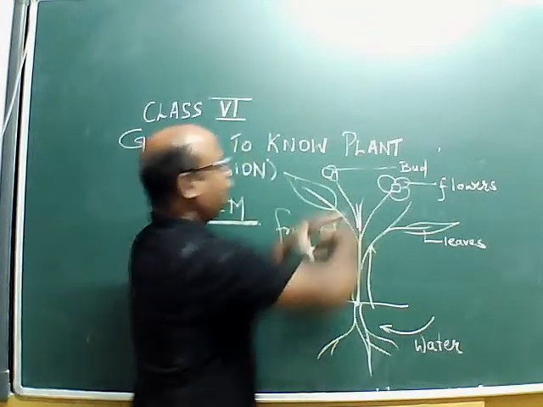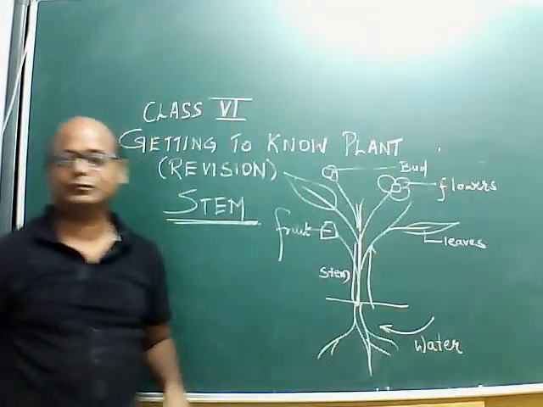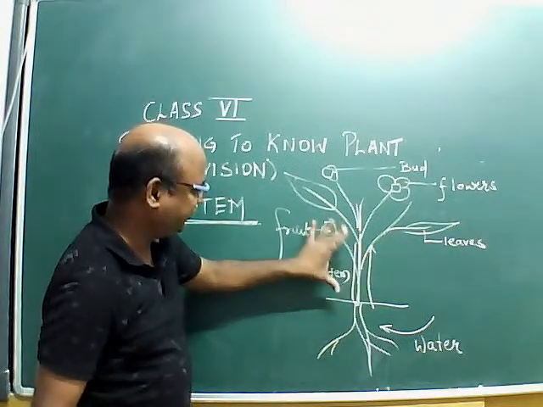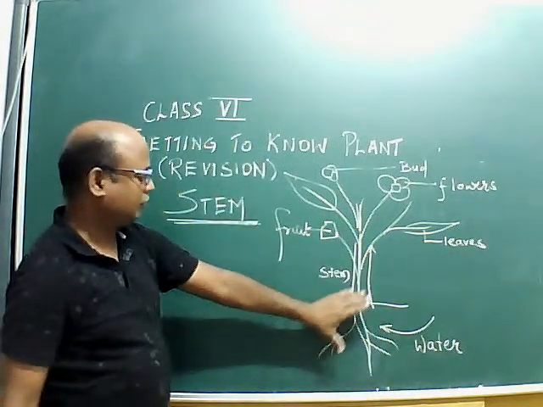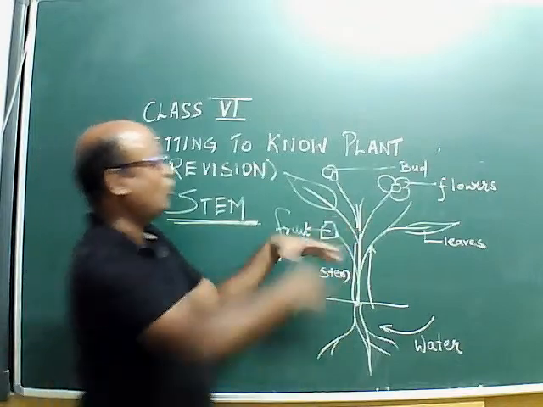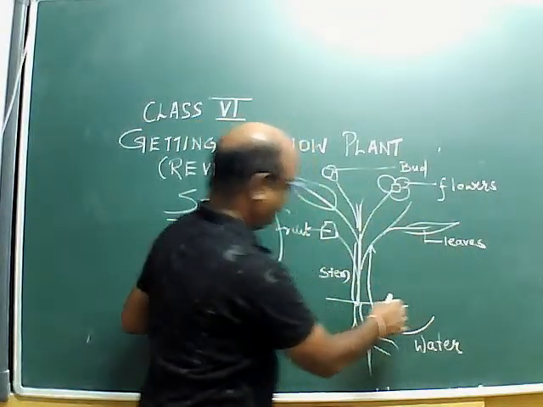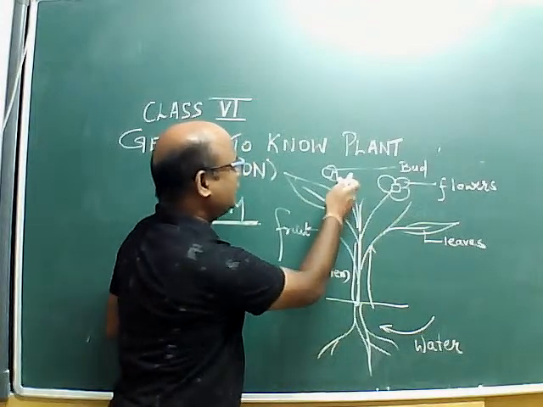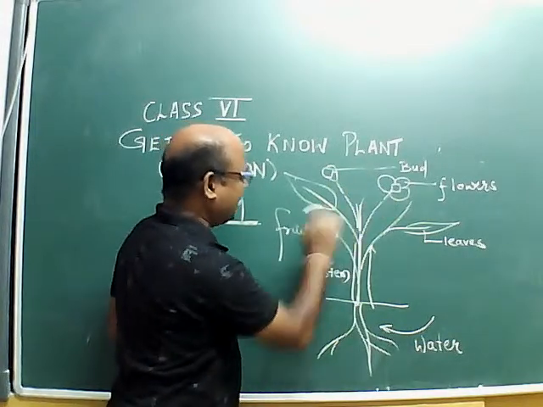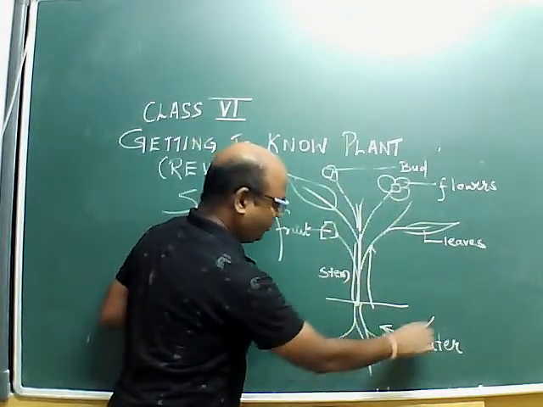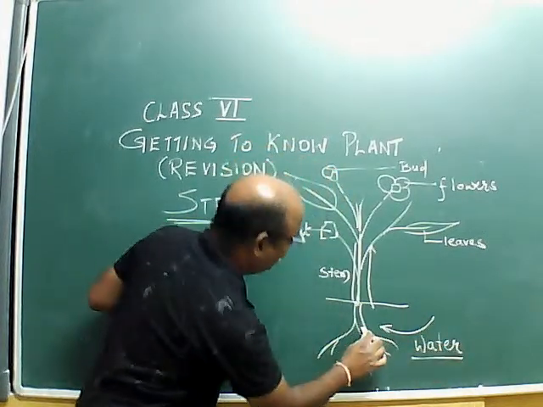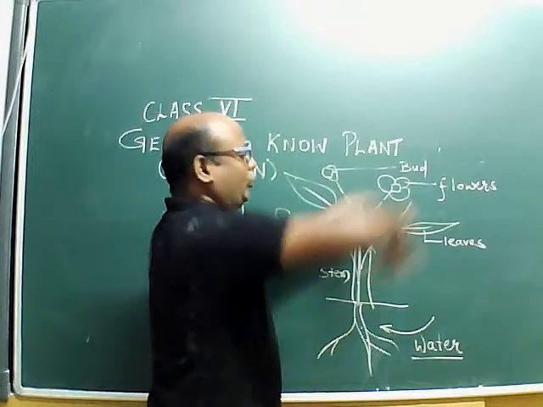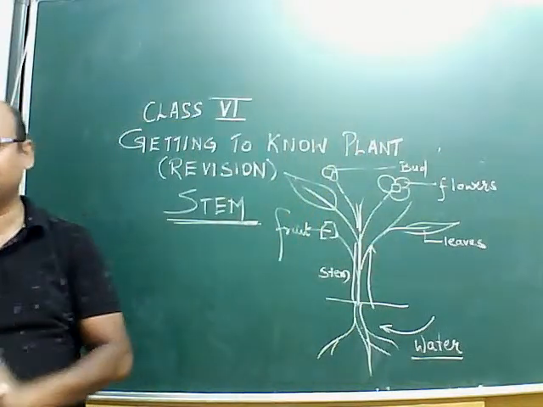From stem only it is going to all the parts of the plant. So it transports water to all other parts of the plant, like leaves, buds, flowers, fruits, branches.